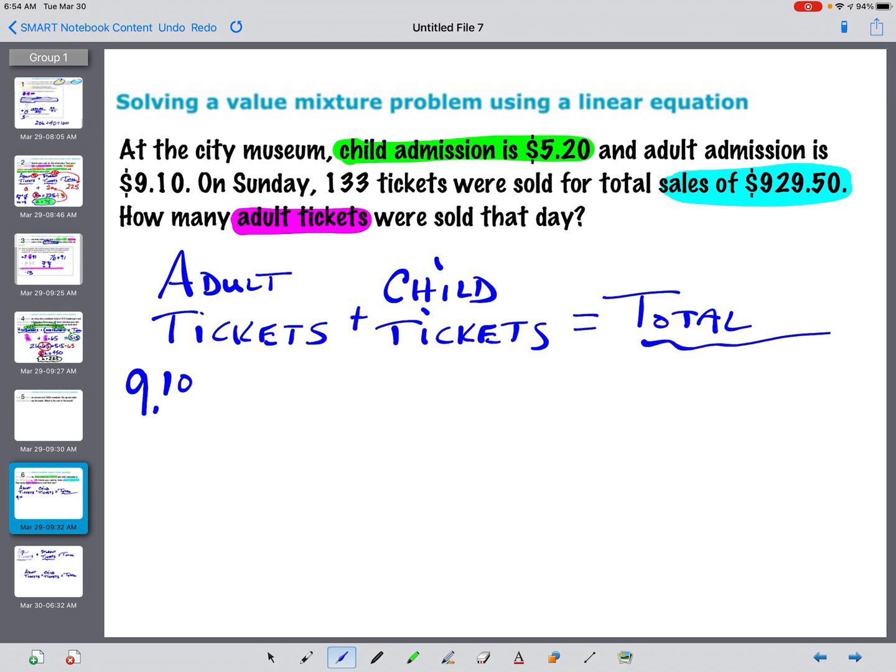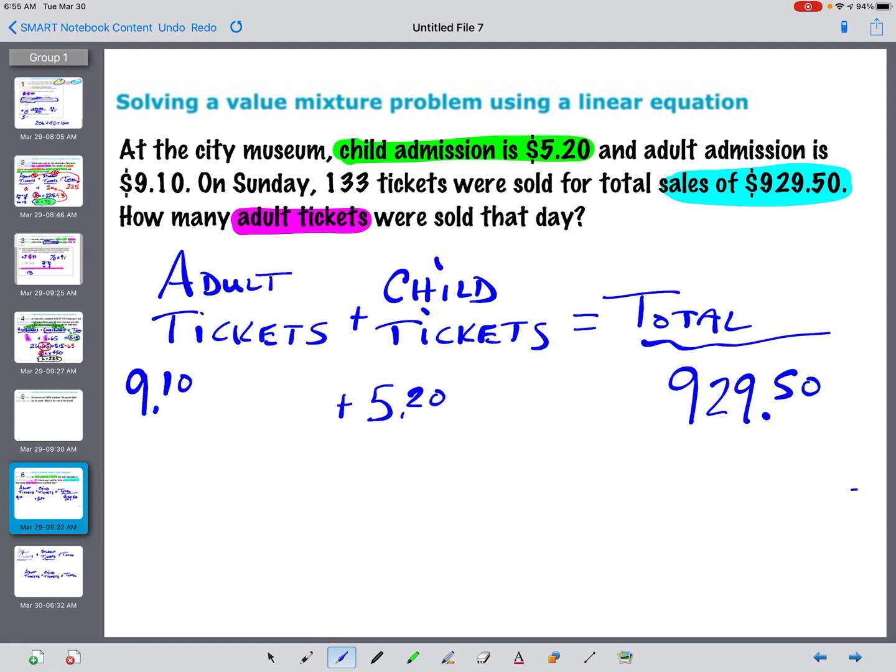Everything's got to be quoted in dollars and cents because our total here is reflected as money, $929.50. So our adult tickets are $9.10. Our child tickets are $5.20. But here's where things can get confusing.